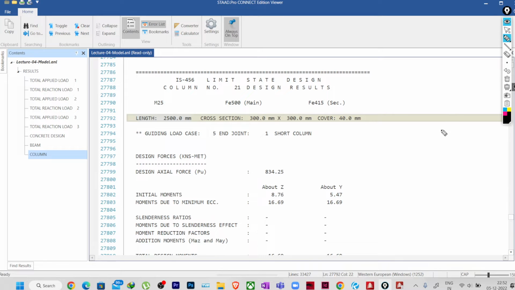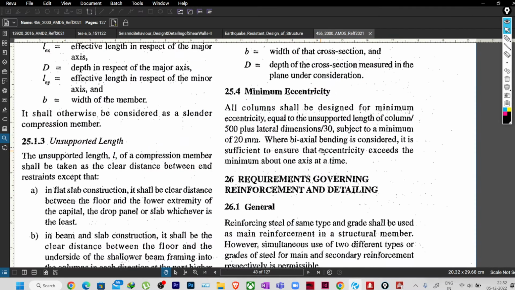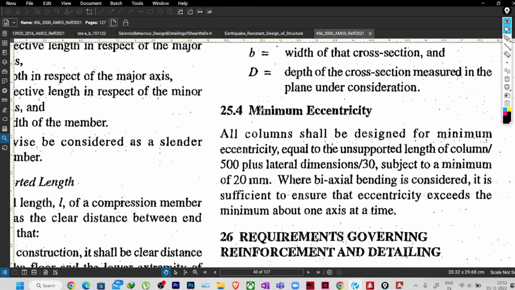One more thing, you will see that the moment due to minimum eccentricity is calculated for both the axes. For this, I will open the code and show you what it says. If you see clause 25.4, minimum eccentricity, it says that all columns shall be designed for minimum eccentricity equal to the unsupported length of column by 500 plus lateral dimension by 30, which we have already seen, subject to a minimum of 20 mm.